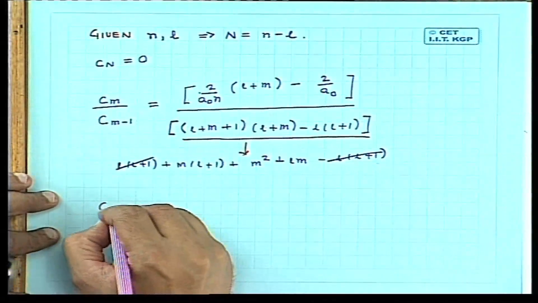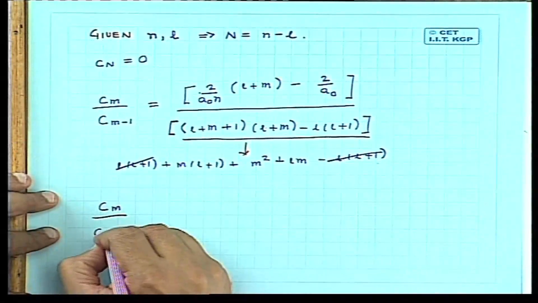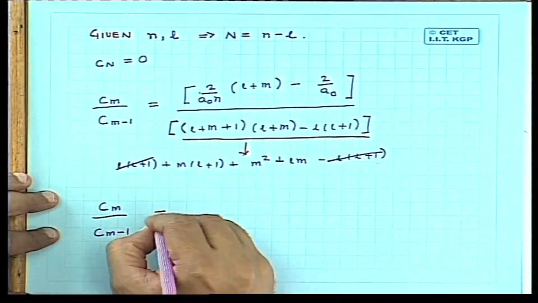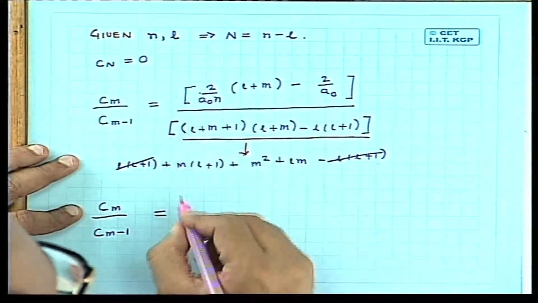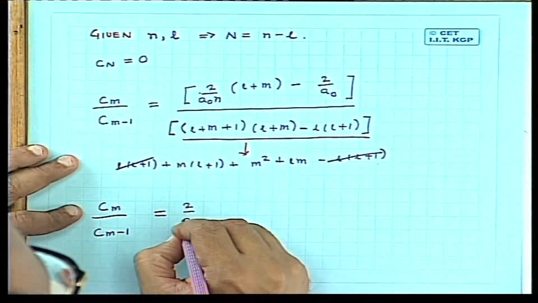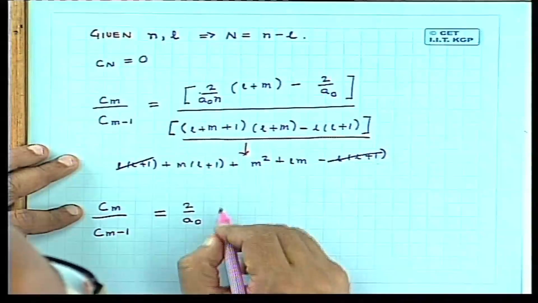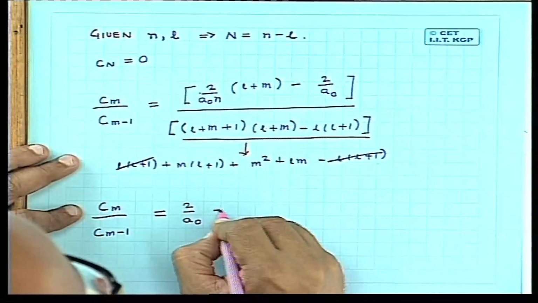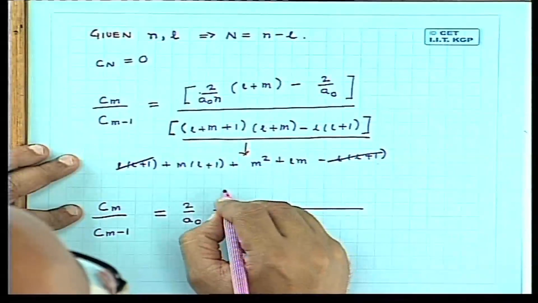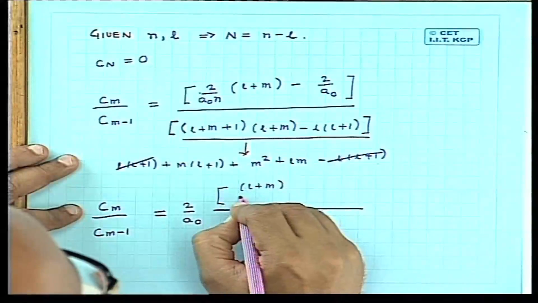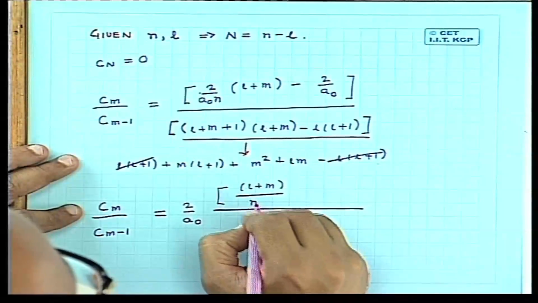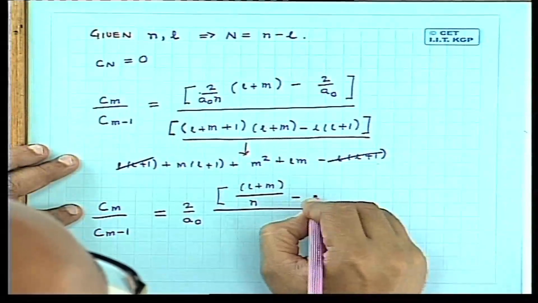So what we get is Cm by Cm minus 1 is equal to, so I can take this whole thing outside, so I have 2 by a naught outside, and then in the numerator I have L plus m by n minus 1.